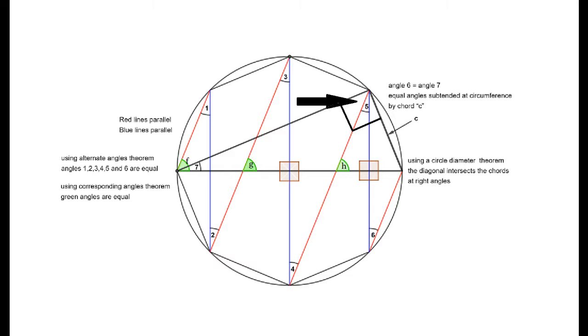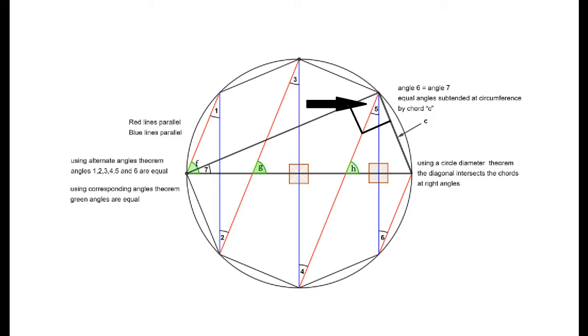The corresponding angle rule shows that angle F equals angle G equals angle H. If a chord is a diameter, the angles subtended at the circumference are not only equal, but are all 90 degrees. So we can mark the angle between M and S as a right angle.